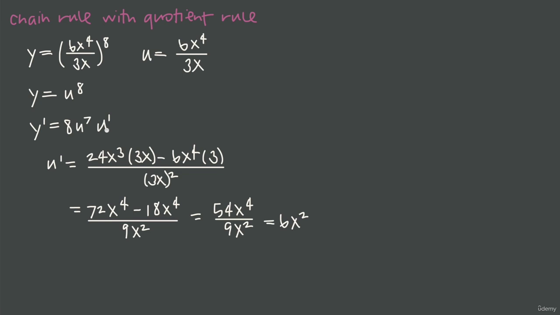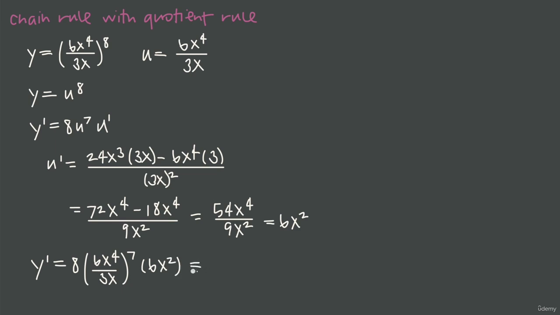So that is our u prime value, which means our derivative, y prime, is going to be equal to, we have 8u to the 7 times u prime. Well, u, we have that value up here, so we're going to get 8 multiplied by 6x to the 4 over 3x raised to the power of 7 multiplied by u prime. So multiplied by 6x squared.